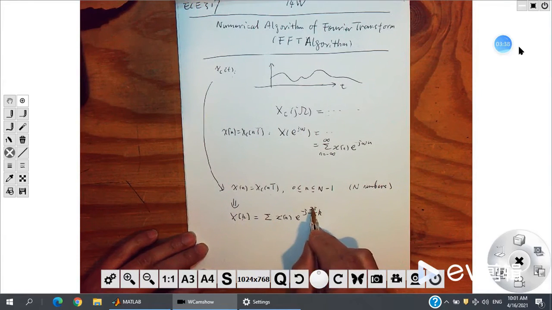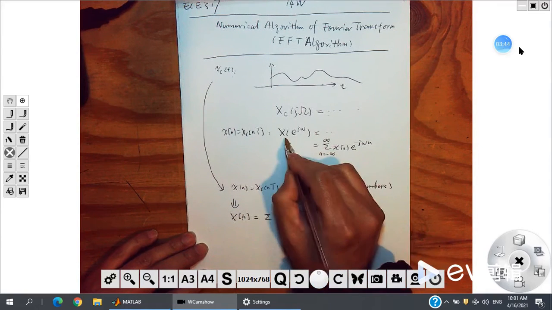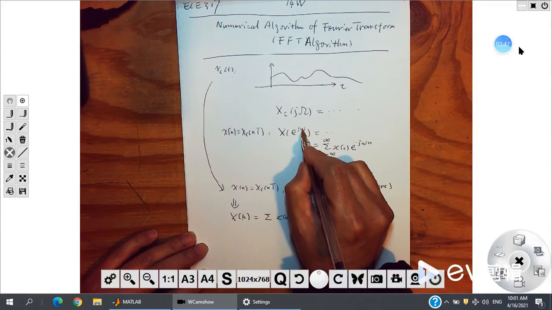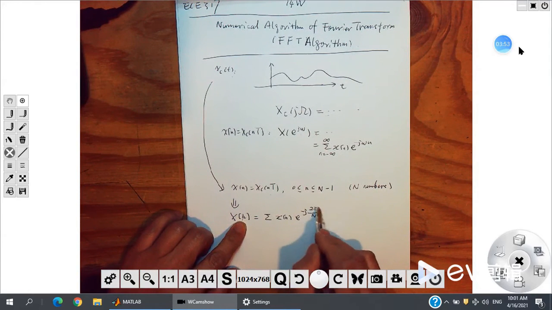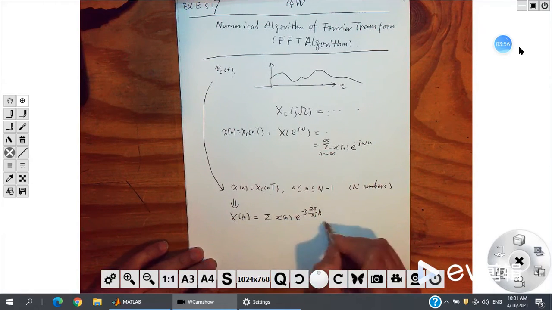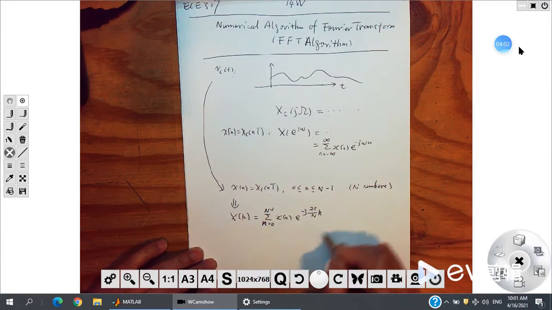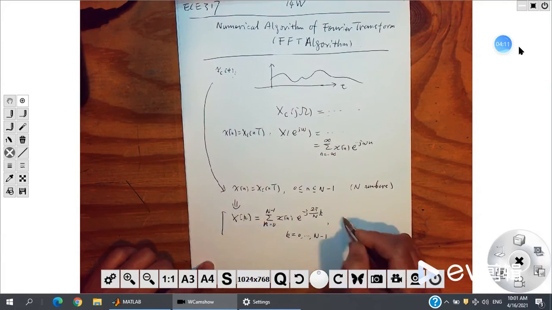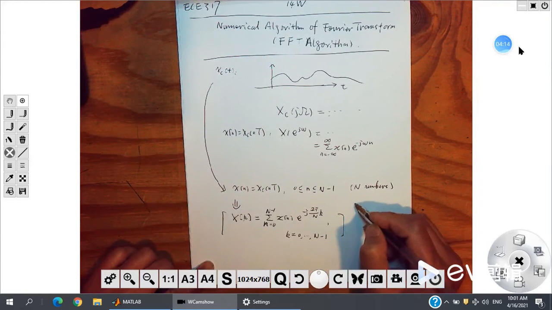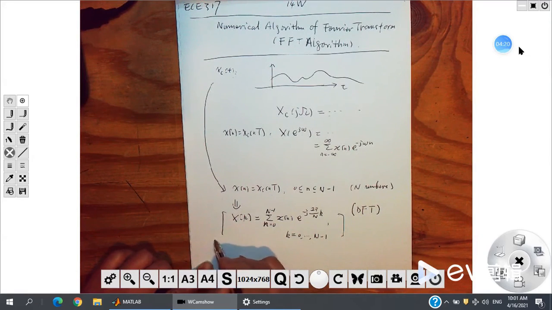This is the frequency of this capital X. K is actually the frequency here. The n runs from 0 to N minus 1, and for each k you have capital X of k, so k runs from 0 to N minus 1. We call this the DFT, discrete Fourier transform.